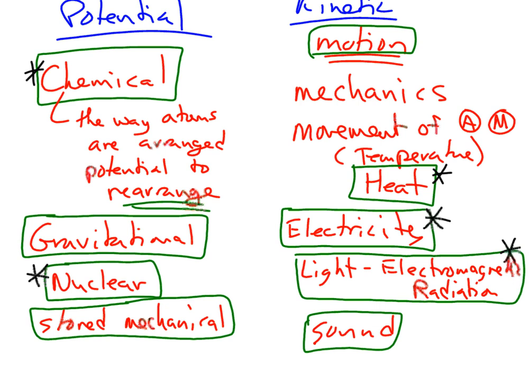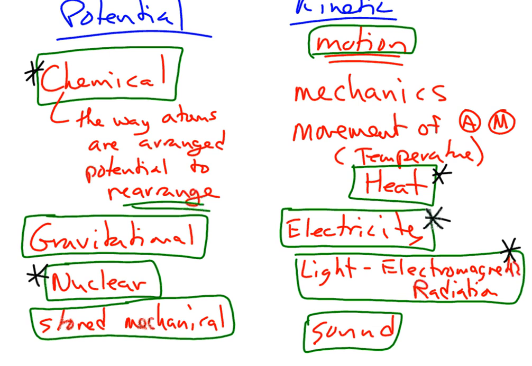So if something releases energy, a lot of times the kinetic energy that comes out of that is making the particles move faster, which we think of as heat. Light is another form of kinetic energy. Light travels. Sound, that kind of thing. Electricity in batteries: when stored chemical energy in a battery is used up, it produces electricity, flowing electrons.